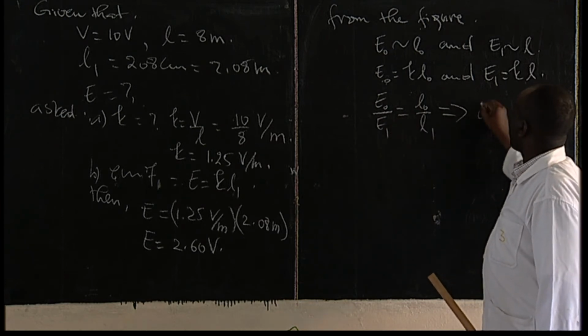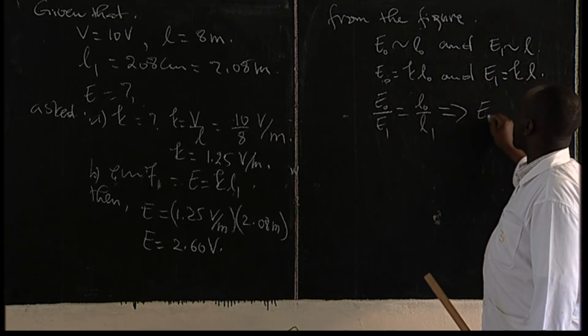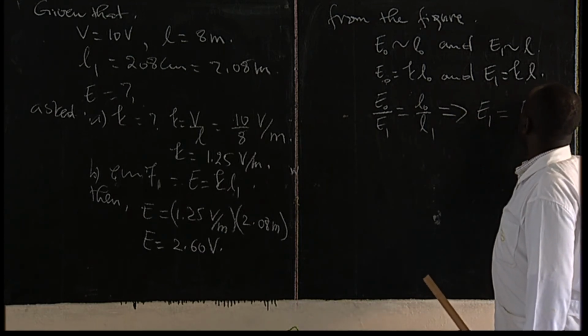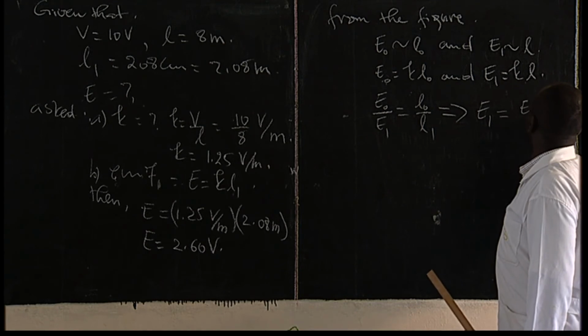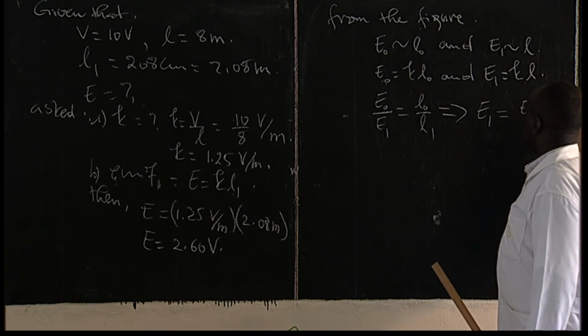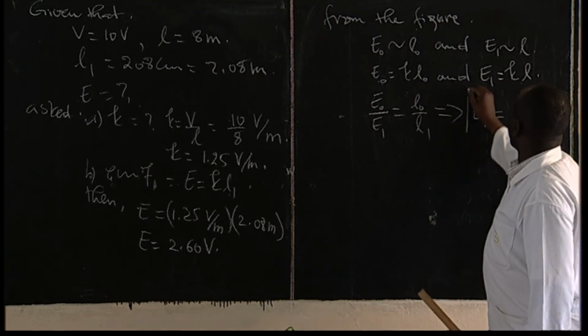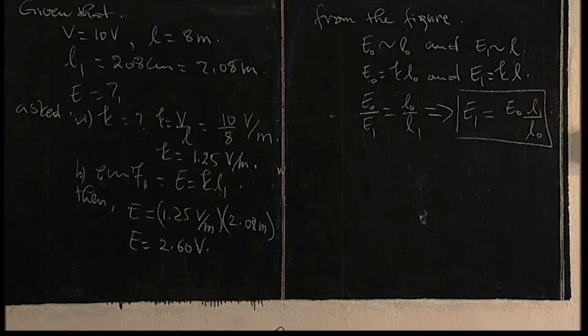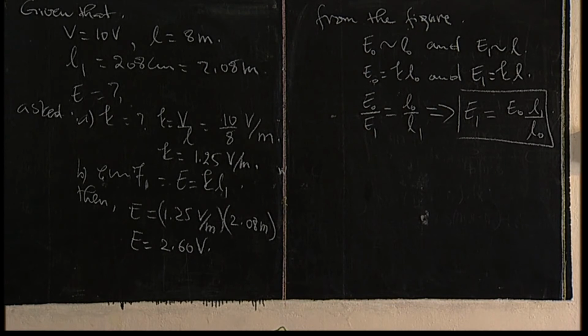So then from this one, you can calculate E1, which is going to be equal to E0 times L1 over L0. So I think that you can determine one of the data that was asked when you have a problem.